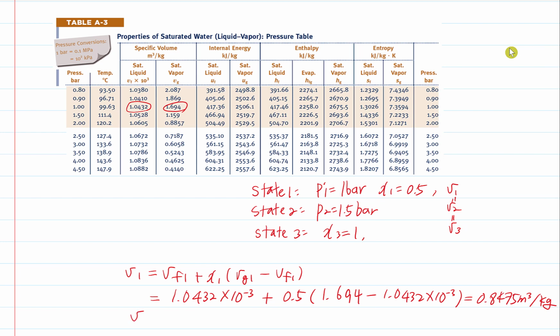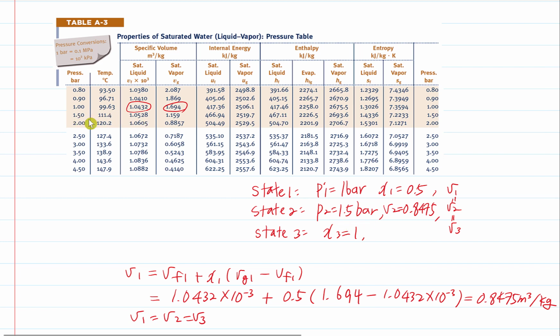And this V1 equals V2 and V3, and V2 is 0.8475. And see the tables at 1.5 bar. At state 2, pressure is 1.5 bar.